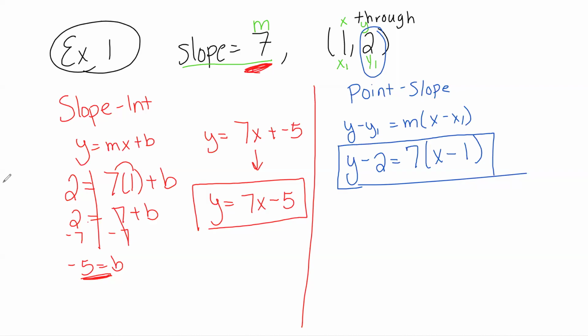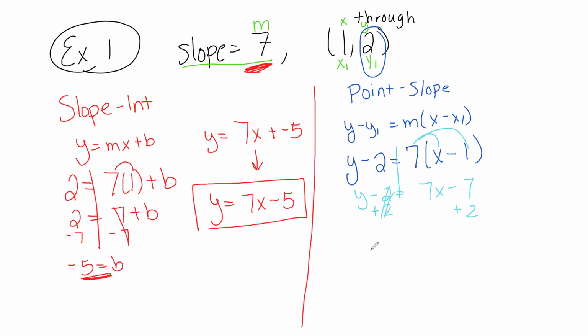However, this is what I suggest you do. You can still do that form, but then just go ahead and distribute. So this is now y minus 2 equals 7x minus 7, and then add 2 to get y equals 7x, negative 7 plus 2 is negative 5. Answer. So yes, it still gives you the same answer, so that's great.